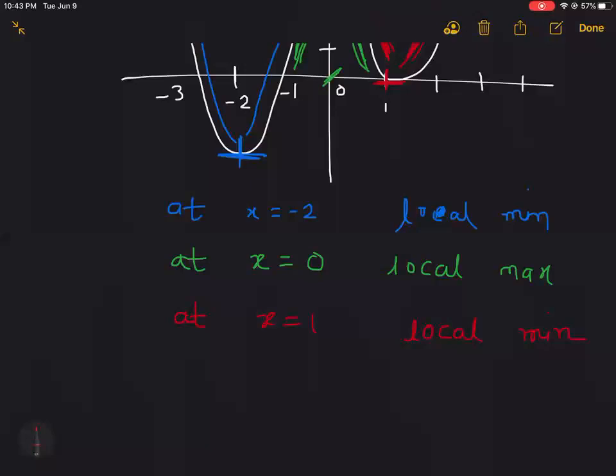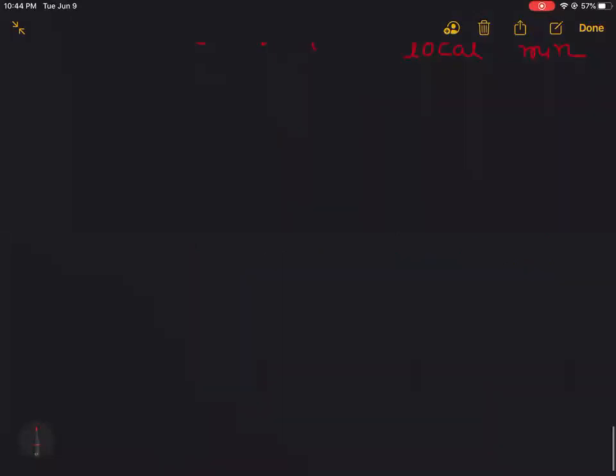Now what about absolute maximum and absolute minimum? Because this looks like a local min and local max, but we want to see what's the absolute maximum and absolute minimum. Okay, now first of all, we want to know the definition. Let's go back to definition.